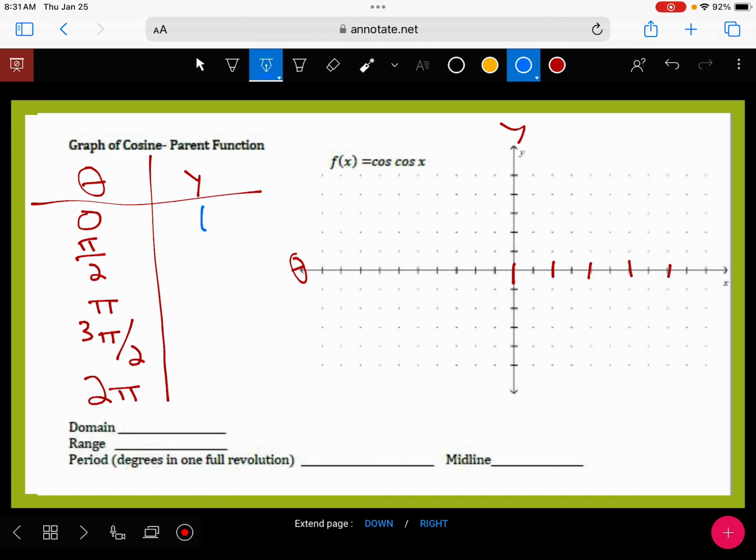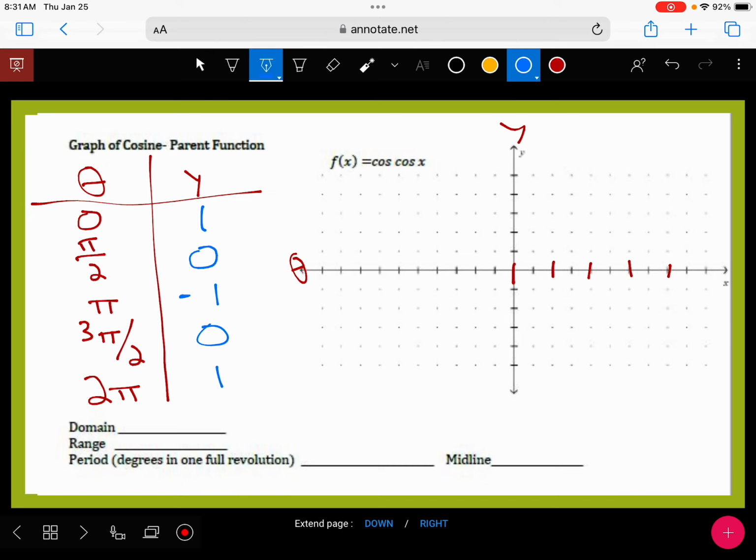And then from there, cosine of pi over 2, that's where it equals 0. Think back to your unit circle. At pi over 2 or 90 degrees, that x value is 0. Pi, cosine's going to equal -1. 3 pi over 2, cosine's going to equal 0. And then 2 pi, it's going to return to 1.